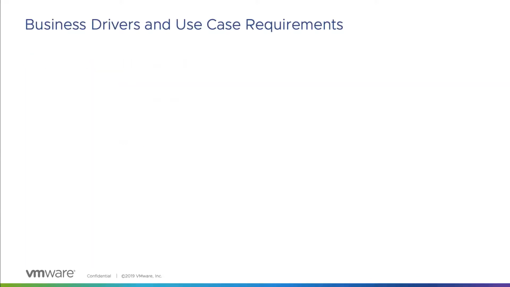Before we even talk about technology, it's really important to look at the business drivers and the use case requirements. While Workspace ONE is a suite of products, each of those products has very specific functionality and needs that it could address.